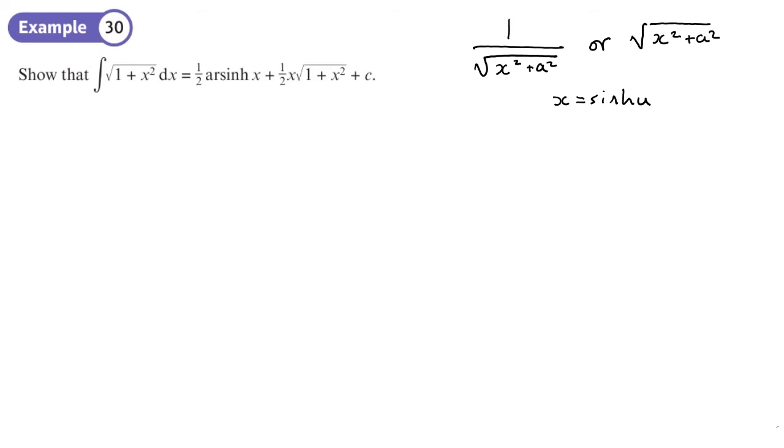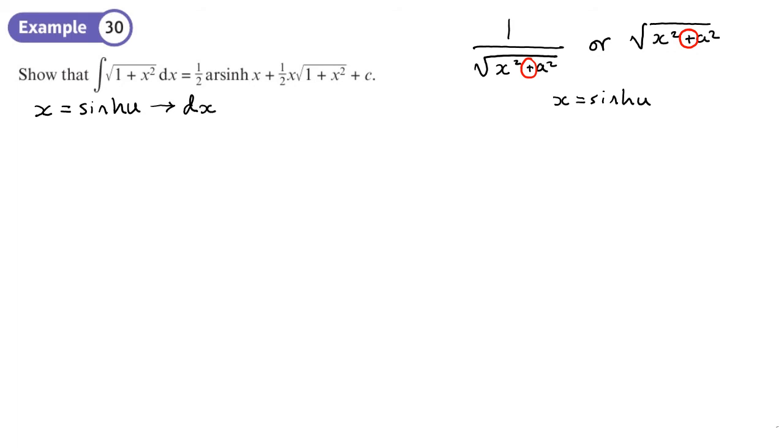And you'll also notice that when this is a minus, it seems to be cosh u. So our substitution here is going to be x equals sinh u.